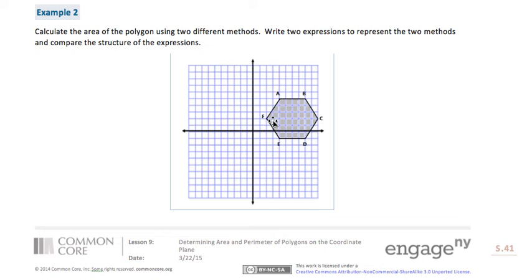So what we could do is turn this into some triangles, or some triangles and a rectangle. When I look at it, I see very clearly that this could be a triangle on one side, this could be a triangle on the other side, and we could have a rectangle in between.